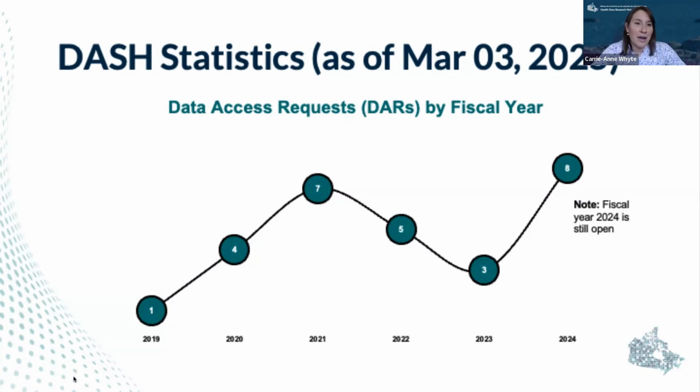And this is effectuated by the data centers at HDRN Canada. And right now we're trending upwards. So this year we're at 8 data access requests, which is exciting.